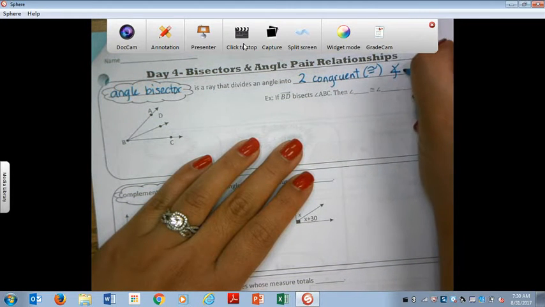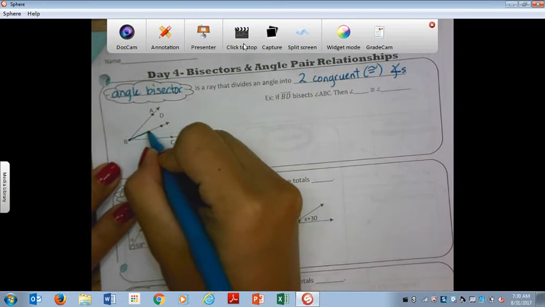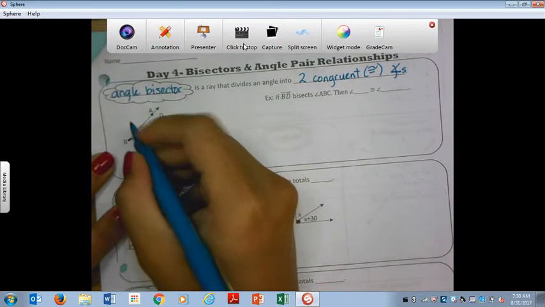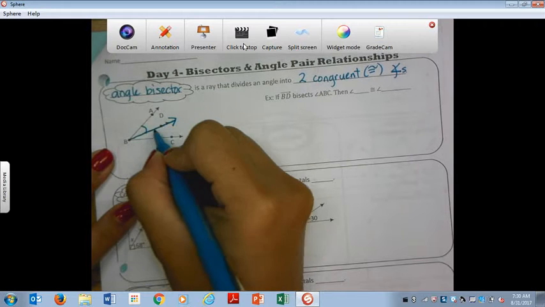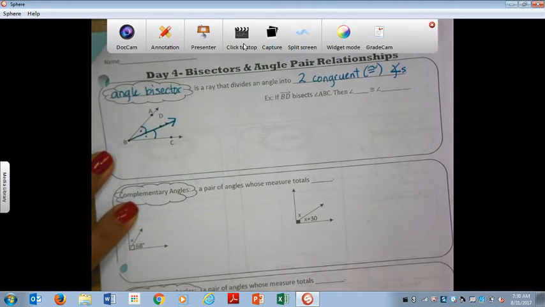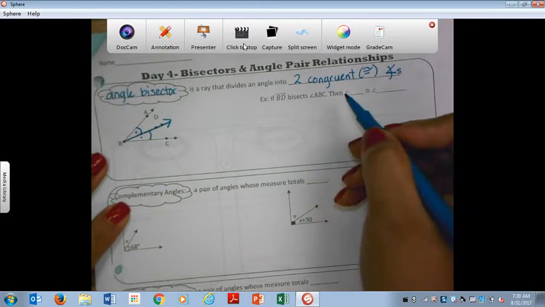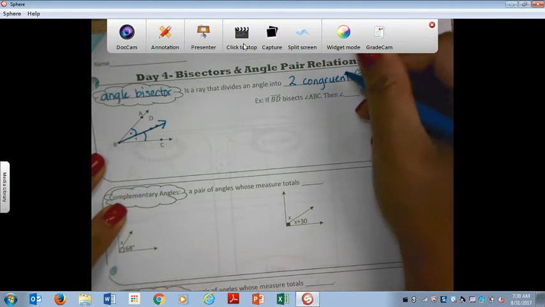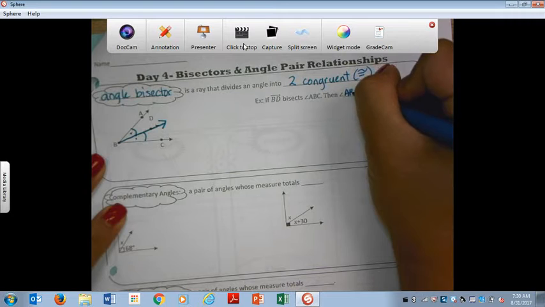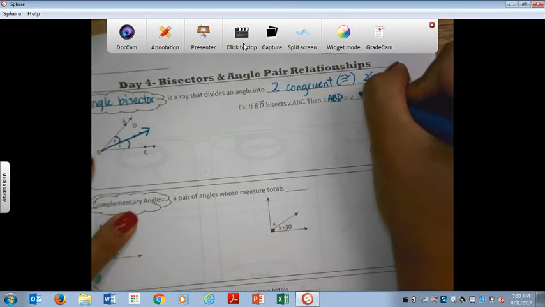I'm going to write angles like this with the symbol and an S. So here's your angle bisector, and it cuts the big angle in half. So these two angles are congruent. So if ray BD bisects angle ABC, then angle ABD is congruent to angle DBC.